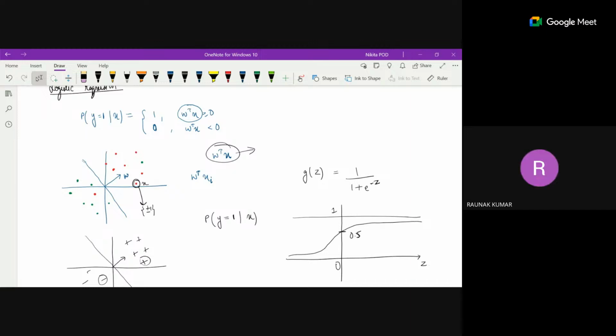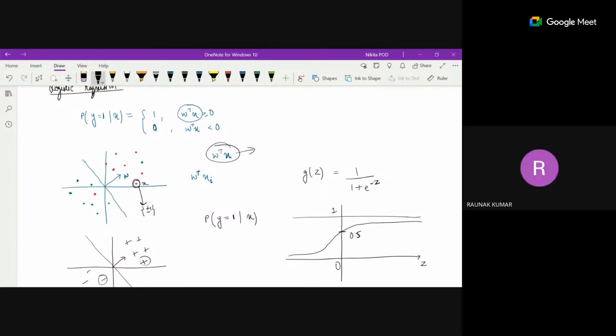And the higher your score is, the higher this W transpose X is, the more probability your model should predict it as +1. And the more it goes towards the left, my model should predict -1, sorry, predict as 0.